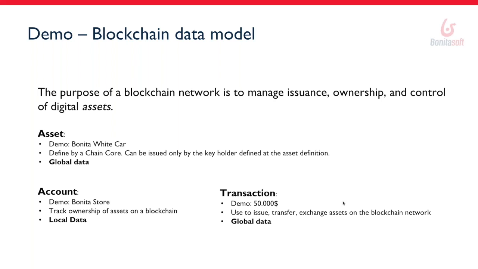An account is basically a wallet to know what a person owns at any point in time, and they basically own X units of assets. The account is local data, which means that only the core that hosts those participants will have a view on those accounts. And finally, the transaction is basically the action that happens on the blockchain to move assets between different accounts.